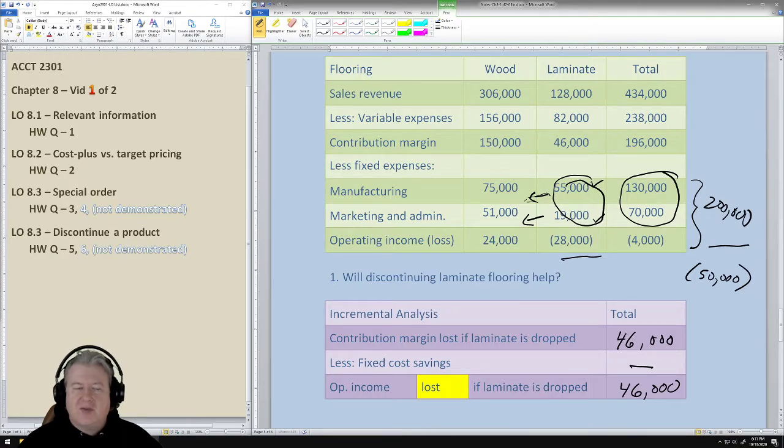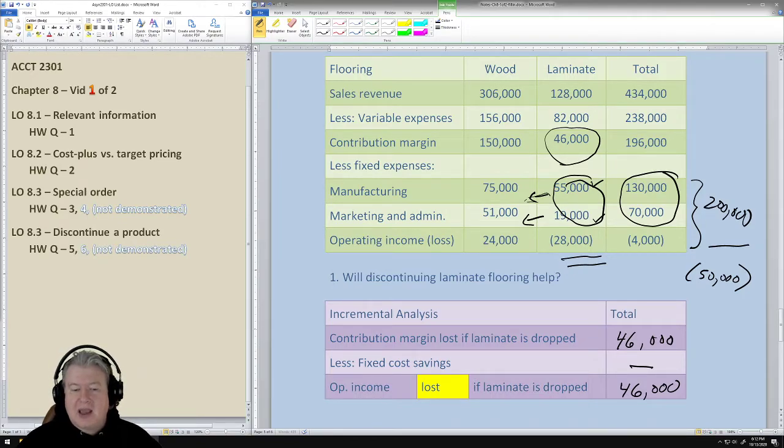If they spread them evenly or if they didn't spread them correctly, no matter what happens, you can see this is 74,000 in fixed costs. No matter what's going on there, at least laminate is reducing that fixed cost by 46,000. In other words, sure, it may not still be profitable as a category, but it's at least reducing the amount of fixed costs that we're taking on.